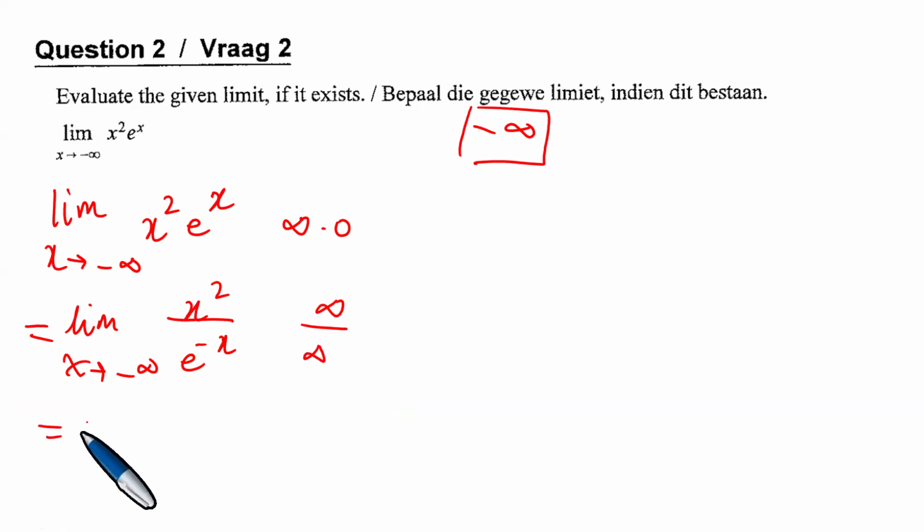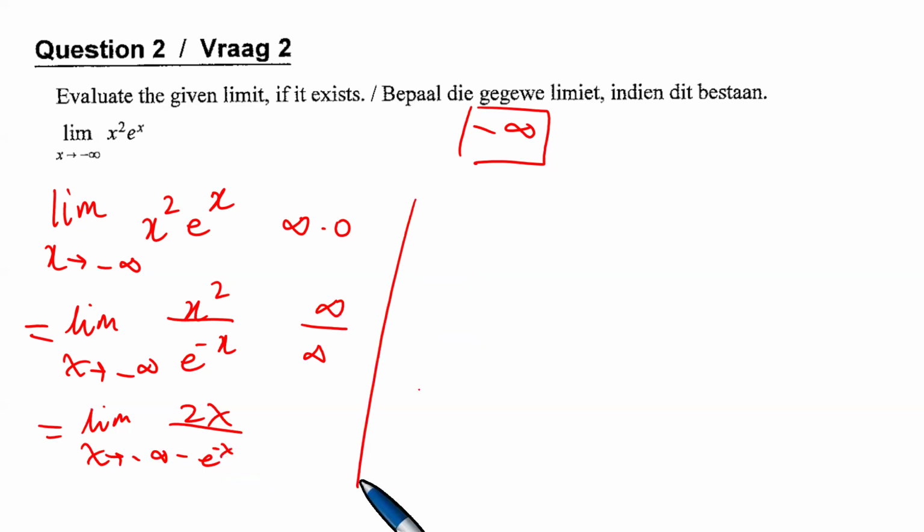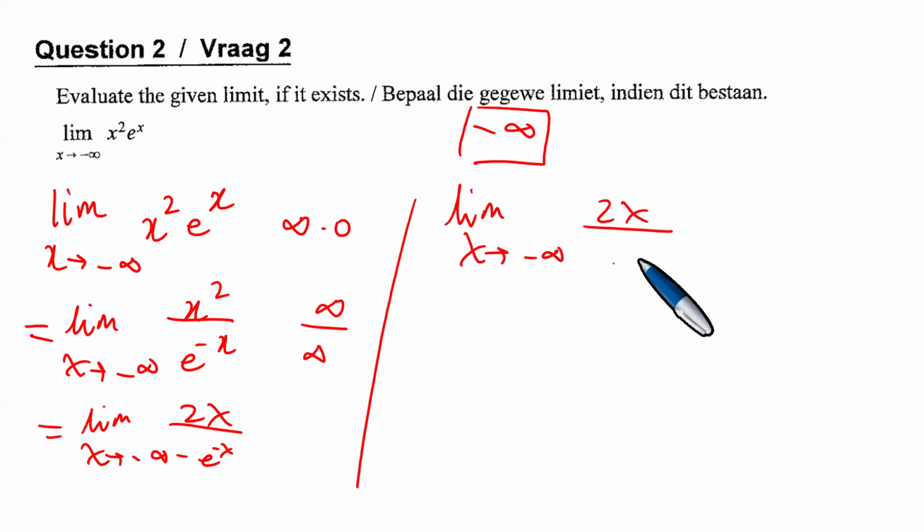Meaning at this point you're at liberty to use L'Hopital's rule. As x approaches negative infinity, the derivative of x squared is 2x, over minus e to the minus x. The limit as x approaches negative infinity is 2x divided by minus e to the minus x.